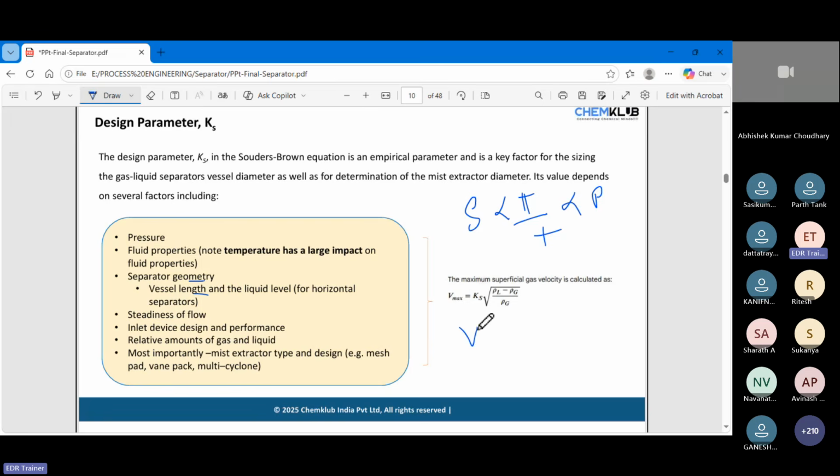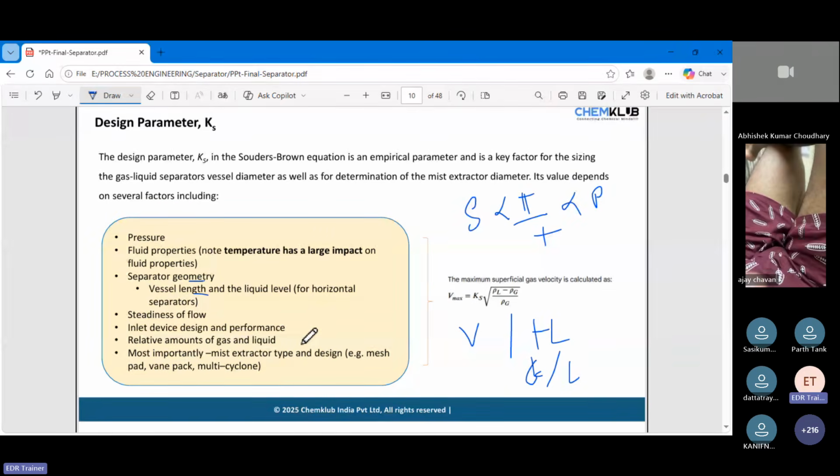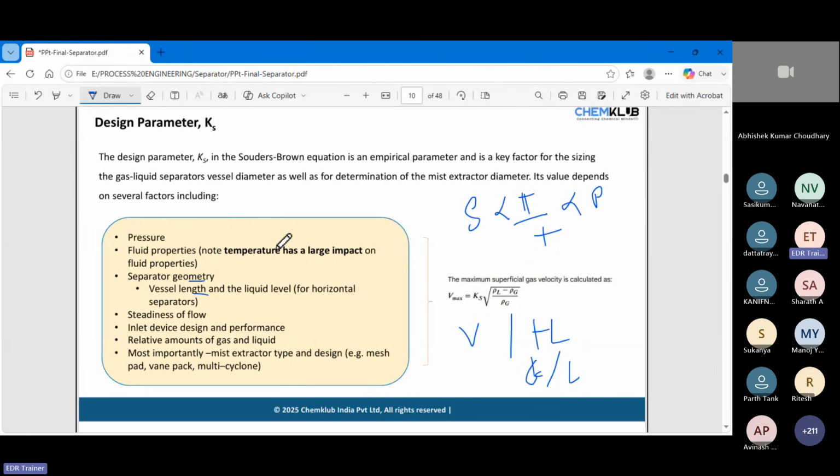A vertical or horizontal separator is chosen based on the gas-to-liquid ratio. Suppose 60 to 70% gas is in the two-phase flow, generally we choose a vertical separator, but we still have to check the quantity of the flow rate to be separated, because I would not say a vertical separator is best for any kind of flow. We have some flow restrictions and requirements for the same.